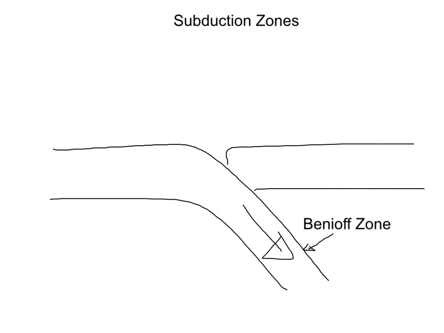Now, as it gets stuck due to friction, pressure builds up along here, and every now and again the friction is overcome, and the pressure forces the subduction plate further into the mantle, causing an earthquake.